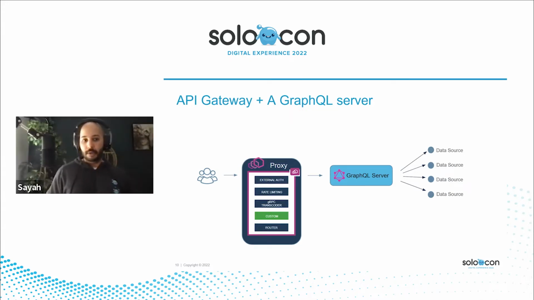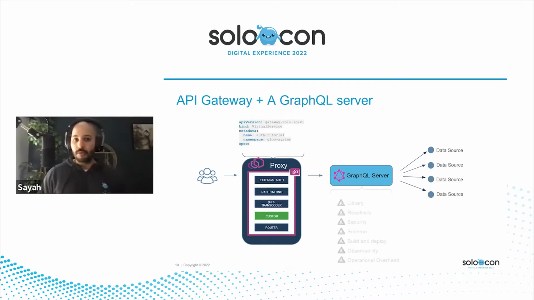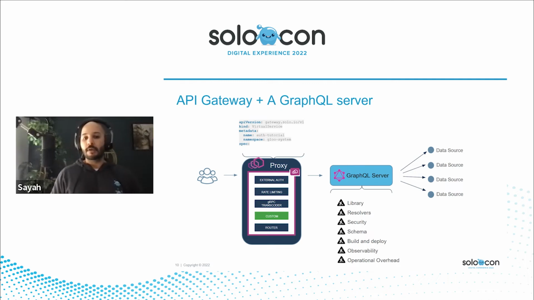So the client will call the gateway first, authenticate, and then the call will go all the way to your GraphQL server, get processed, collect the data from different data sources. And then the response will go back to the gateway, where we're going to apply, let's say, a data loss prevention filter to mask some sensitive data before reaching the client. And you see how many network hops we have there, right? And so this is kind of a standard way of deploying or enhancing security for your GraphQL server today.